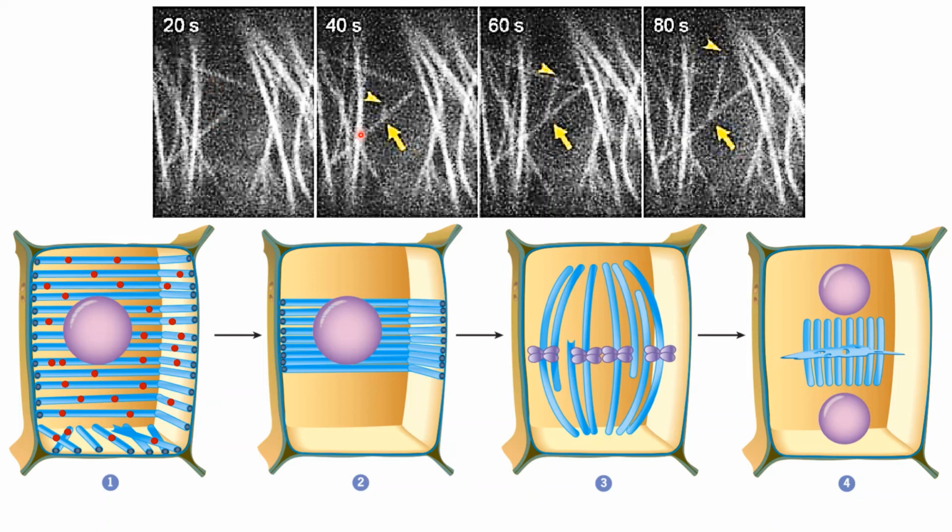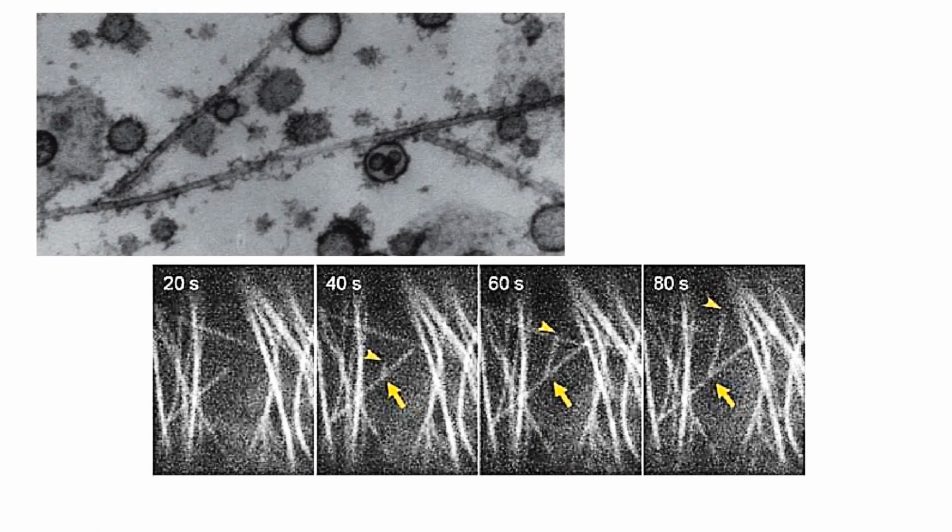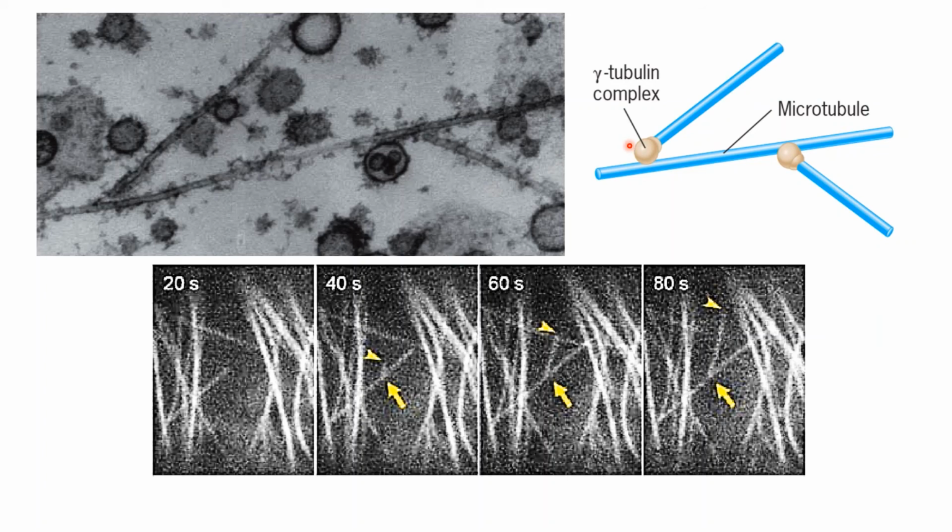Actually, that special point pointed by this arrow with a stem contains the gamma tubulin of the plant cell. So if we're going to illustrate it this way, you can see that the gamma tubulin complex is actually located along this original microtubule, and it can give rise to new microtubules.